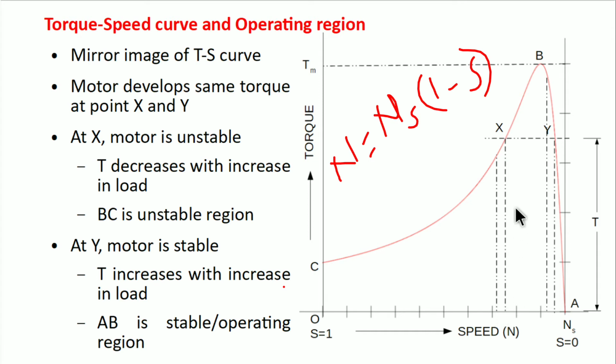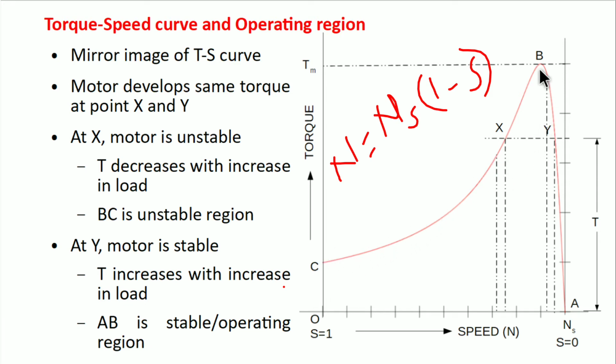With the increase in load, the speed of the motor decreases, and then torque is also decreased. But with the increase in load, we require more torque, yet torque is decreasing because it has inversely proportional characteristics. So the motor will not be stable, it will eventually stop.